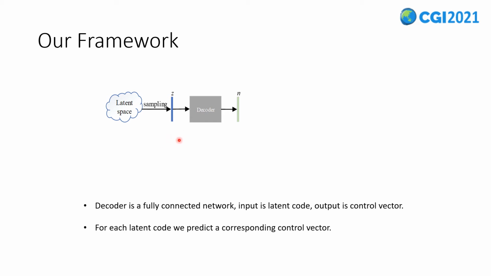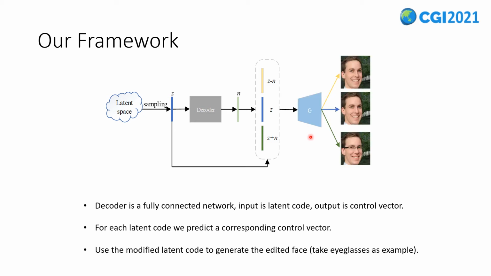Its input is the latent code with 512 dimensions, and its output, the attribute control vector, also has 512 dimensions. With the attribute control vector, we can modify the latent code just like this. If we input the modified latent code to the pre-trained generator, then this image should be without the target attribute, and this image should be with the target attribute.